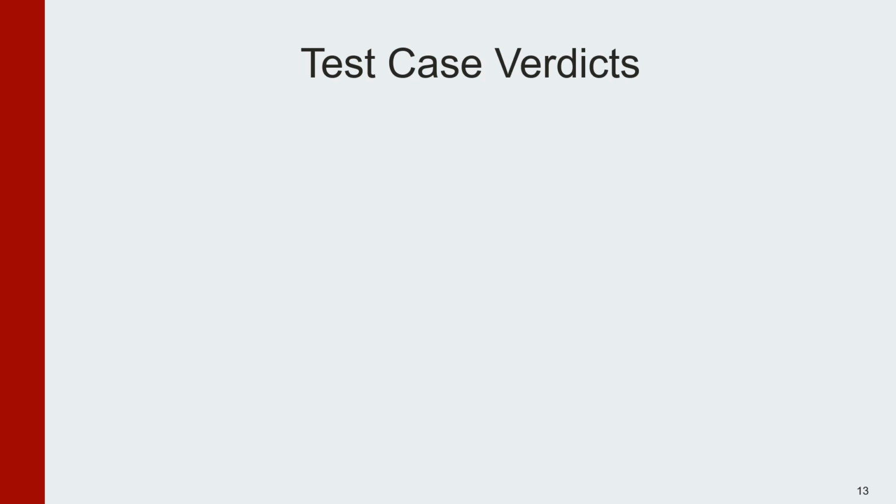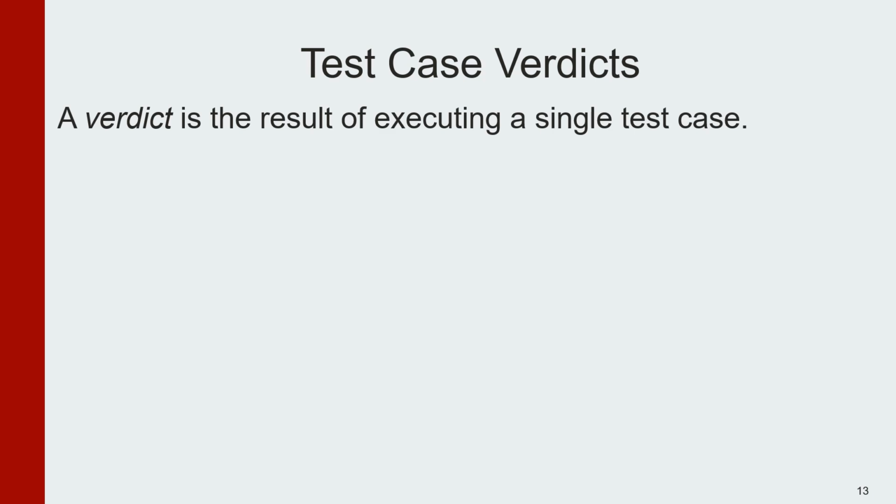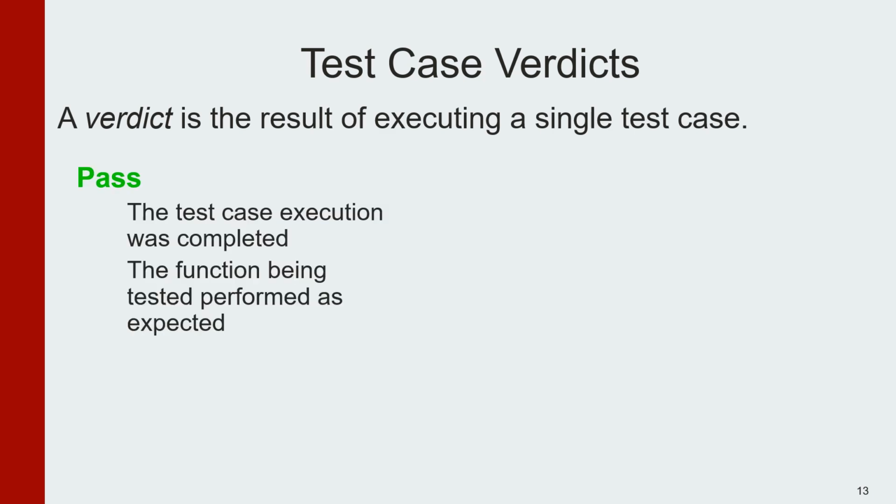So the test case has verdicts, right? The verdict is a result of executing that test case. Either you get a pass, the test case execution worked, and it was completed, and the function being tested worked as expected.